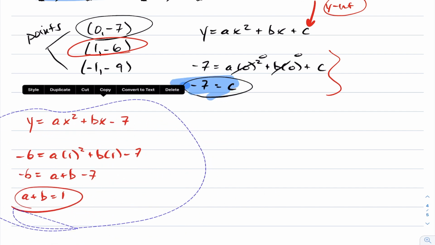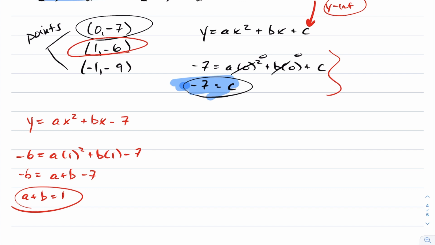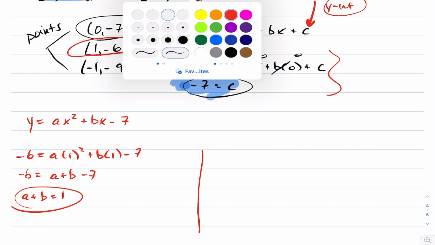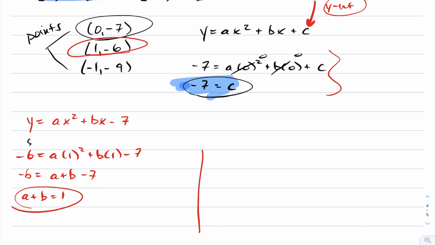Okay, let's take a look here. I've got this one equation here I'm working with. Now what I want to do is I want to do the exact same thing. So in this example here, we substituted in the point (1, -6). Now what I'm going to do is substitute in the point (-1, -9) into my quadratic.